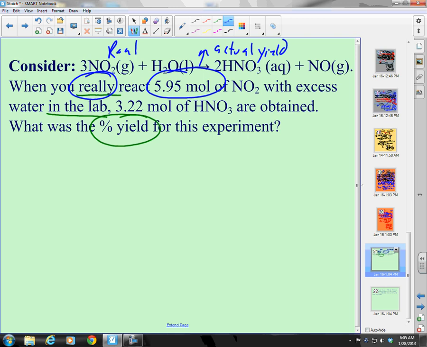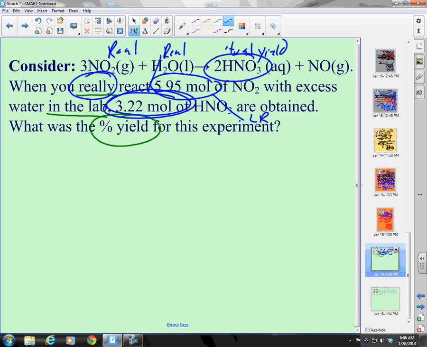I have to make sure I'm talking about a product. That's not a product. When you really react in the lab, 3.22 of my product are really obtained. This is my real amount, but this is my reactant. This is my limiting reactant. Are obtained. What is the percentage yield?